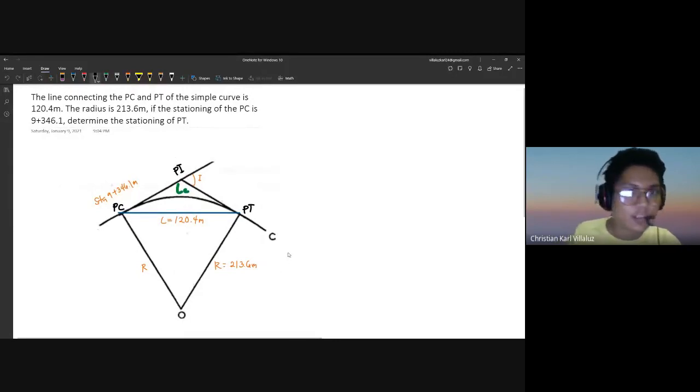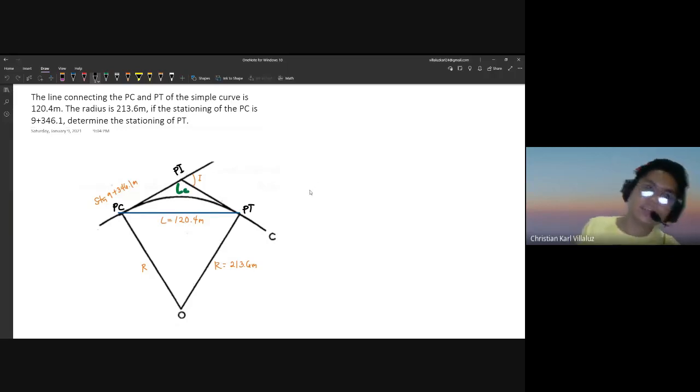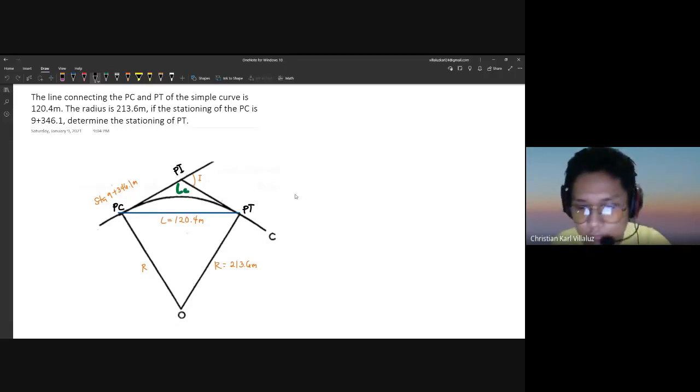The line connecting the PC and PT of the simple curve is 120.4 meters. The radius is 213.6 meters. If the stationing of the PC is 9 plus 36.1, determine the stationing of PT.